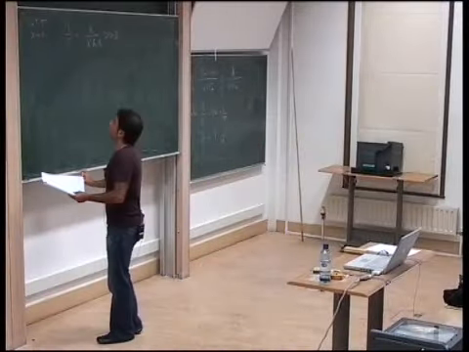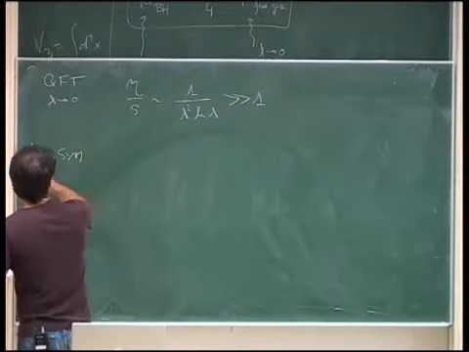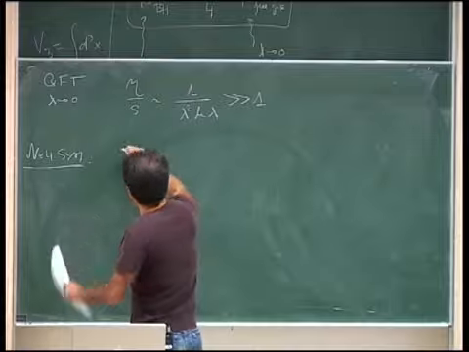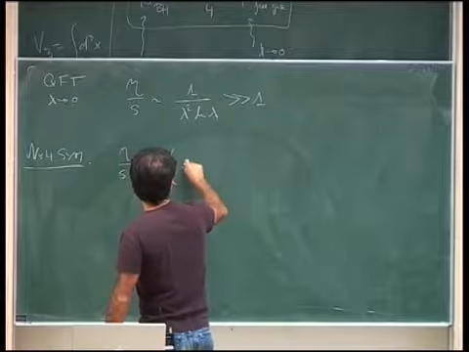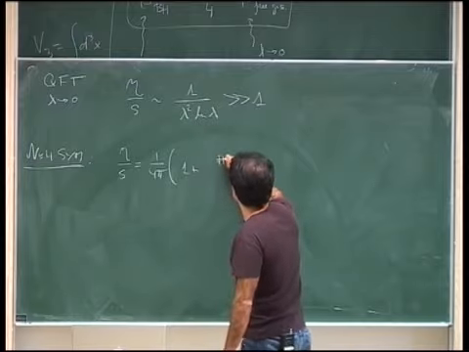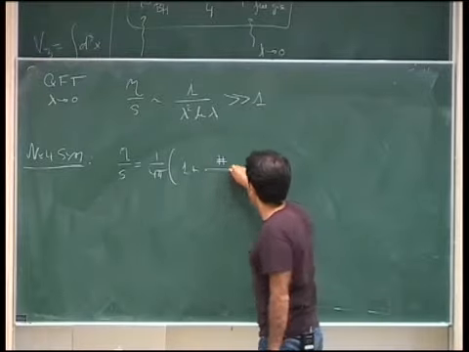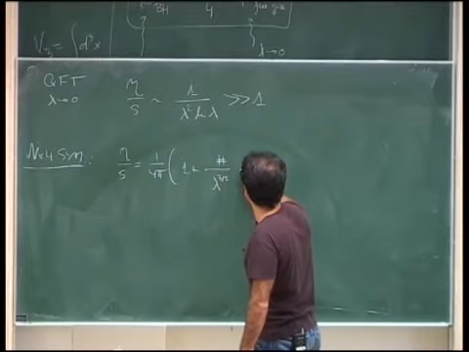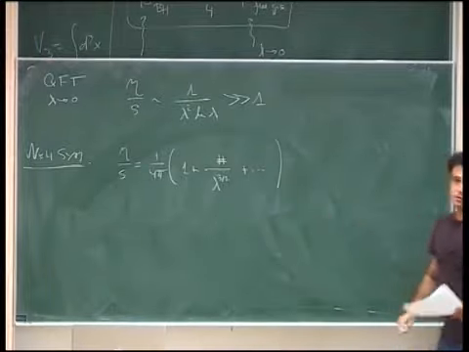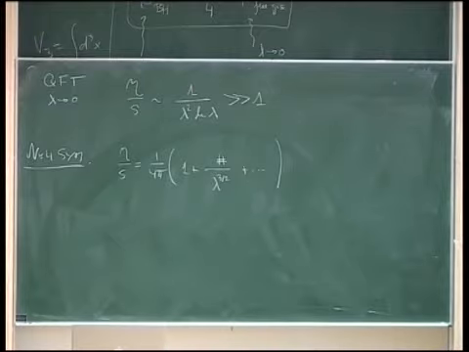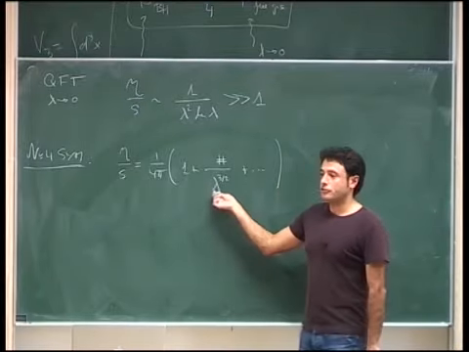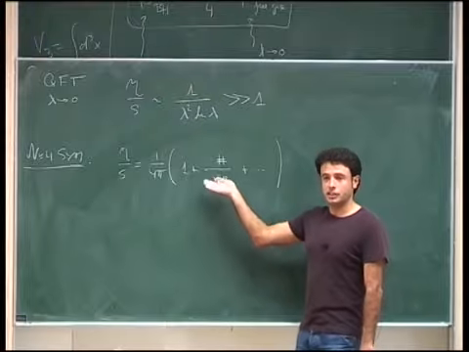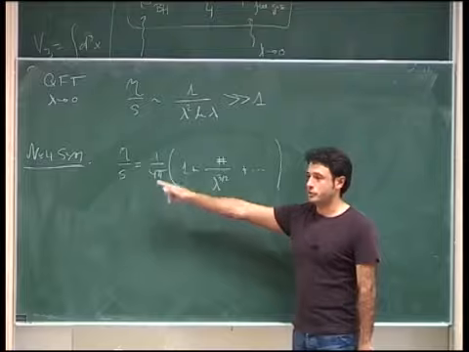So for n equals 4 super Yang-Mills, eta over s is actually equal to 1 over 4 pi times 1 plus a positive number divided by lambda to the 3/2 plus subleading terms. And so what you see is that going away from lambda equals infinity slightly increases the value of this ratio.